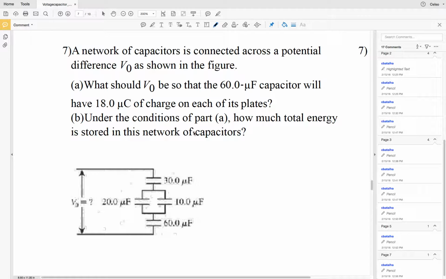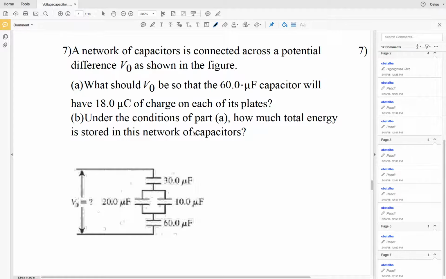The definition of a parallel branch is one in which the voltage difference across the capacitors' ends is the same. So this branch here is parallel to this branch because the voltage across the two capacitors' plates is basically the same. There is no difference.